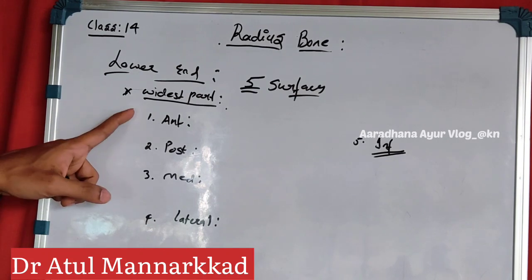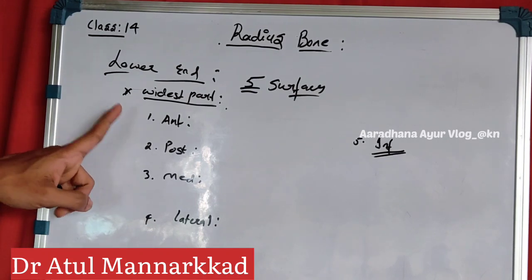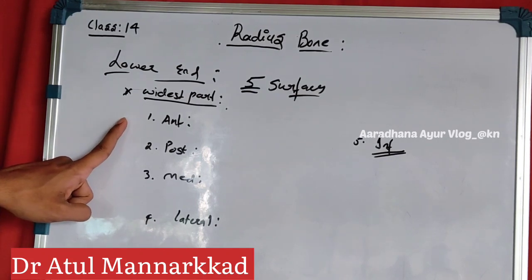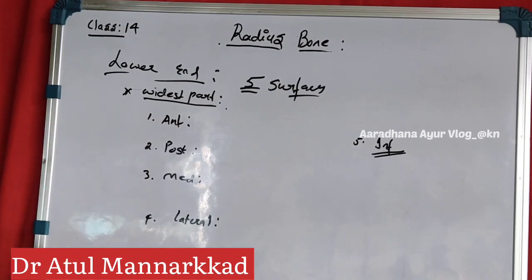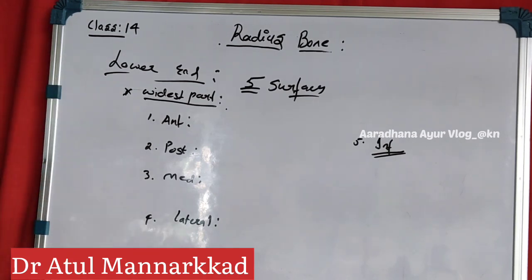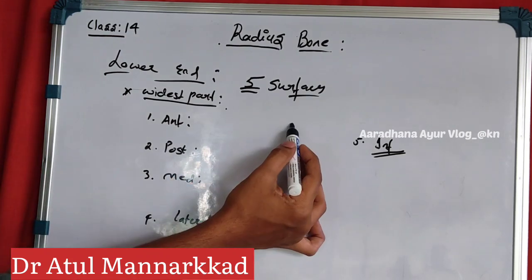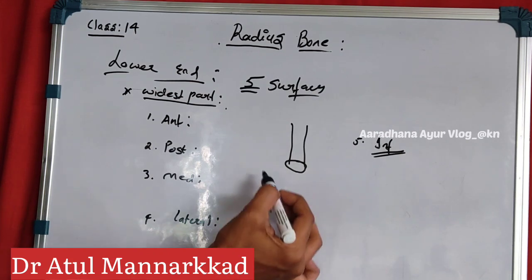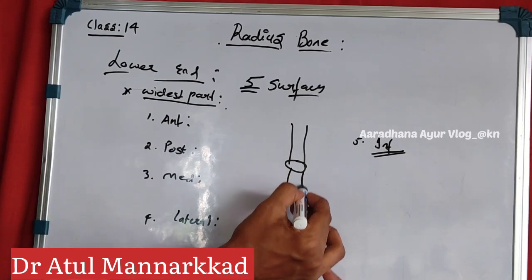The anterior surface is in the form of a thick prominent ridge, and the radial artery is palpated against this surface. Coming to the lower end means the wrist region. In the anatomical position, here comes the humerus, here the elbow joint, here the radius, here the ulna.